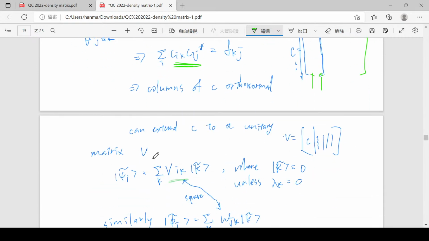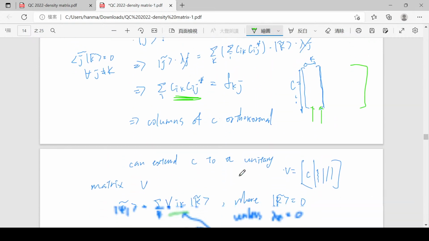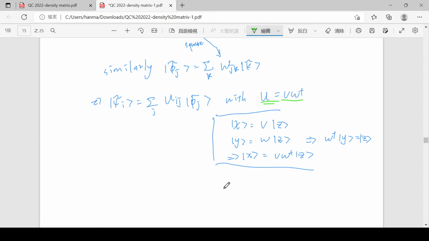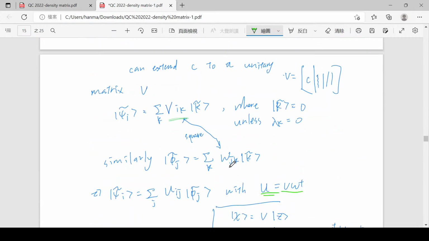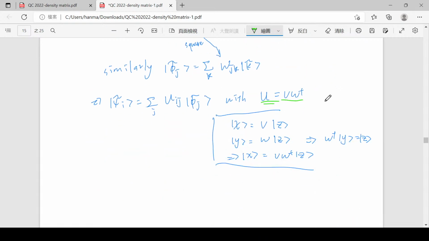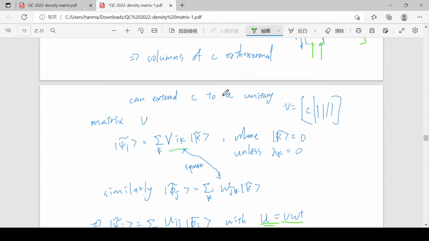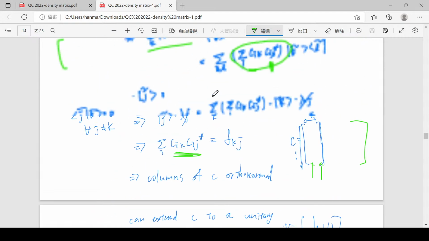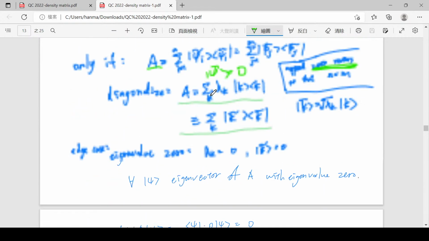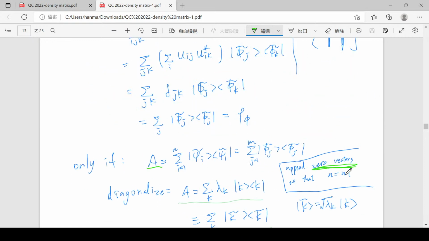Because of that, you can extend C to a unitary, and then you can find another unitary W and finish the proof we described before. So, any question on the high-level sketch of this proof? We skip over all the annoying details of appending zeros.